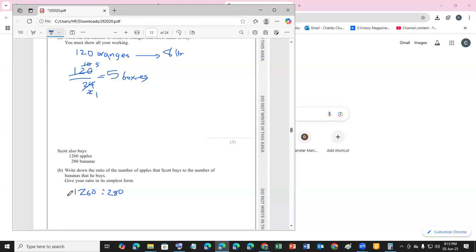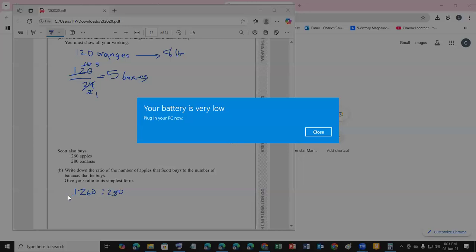Yes, hello. What number would you use to break it down? Because you need to give it in its simplest form. Do I have to use a big number first? You could use a big number. Divide it.